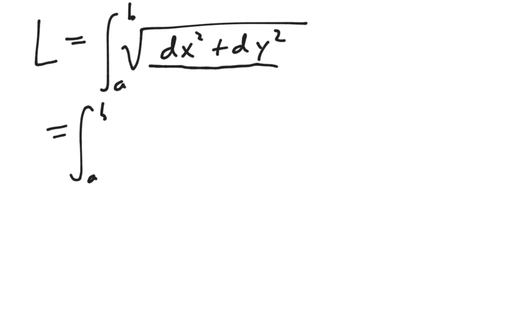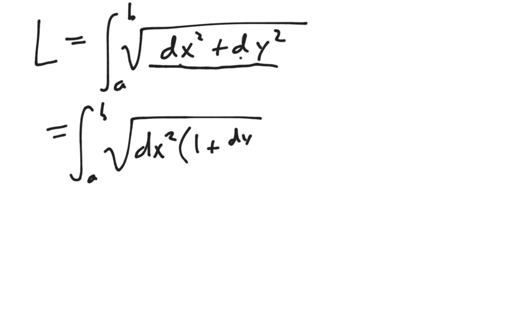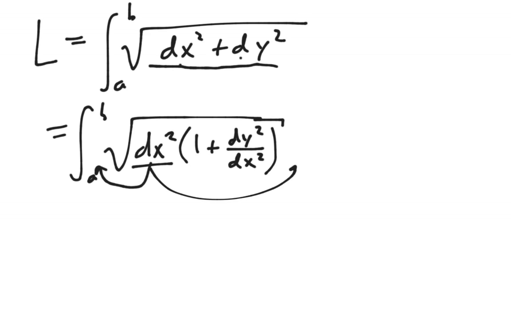So I have my integral from a to b, and what I'm going to do now is factor out a dx squared from both of these terms. So I'm left with 1 plus dy squared divided by dx squared. Now, using properties of square roots, I'm going to pull this dx outside, and in fact I'm going to pull it out to the back because that's where we're going to write the dx.